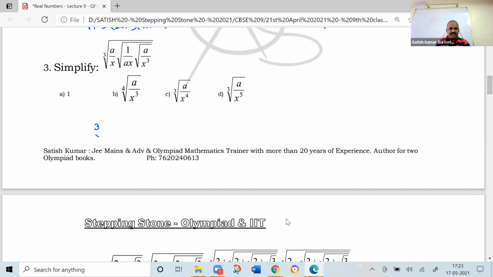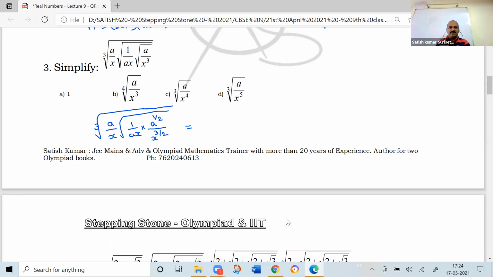So I should write it as cube root of a by x into square root of 1 upon ax into. When I eliminate this inside root, I should write it as a to the power of 1 by 2 upon x to the power of 3 by 2.